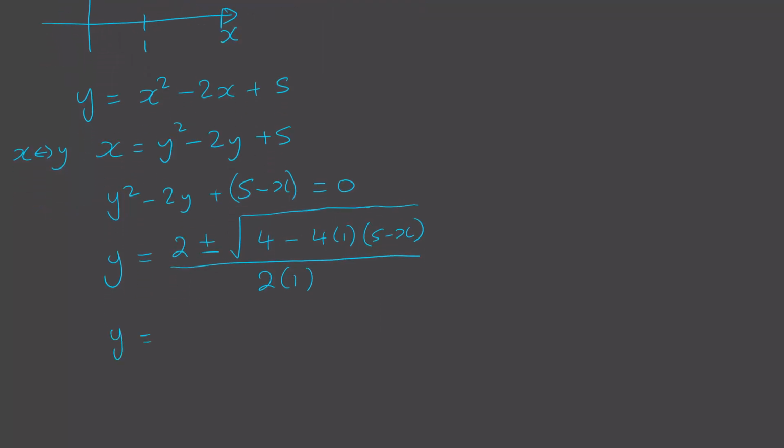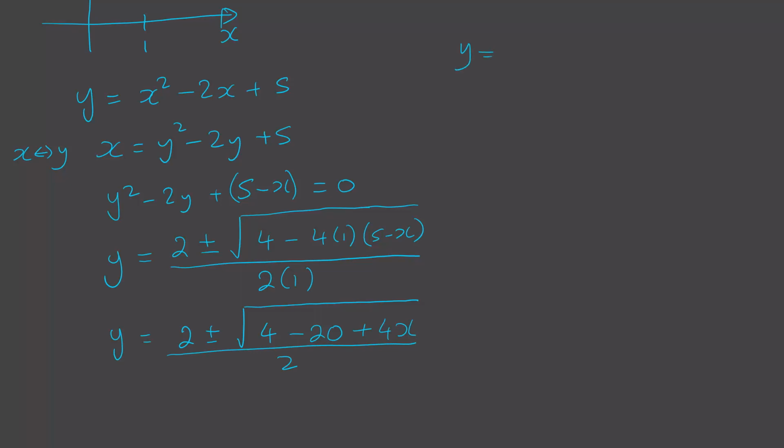So that's 2 plus or minus the square root of 4, take away 20 plus 4x, all divided by 2.